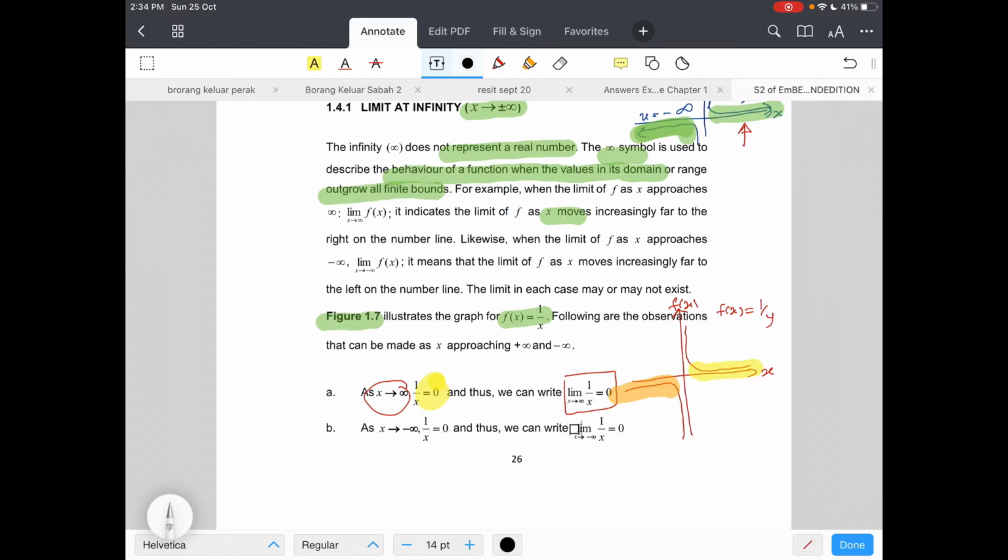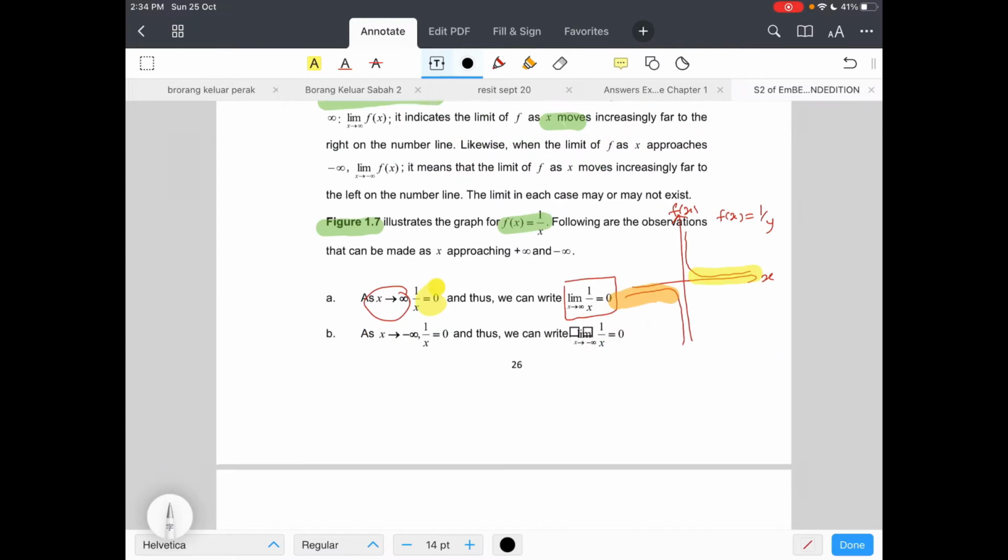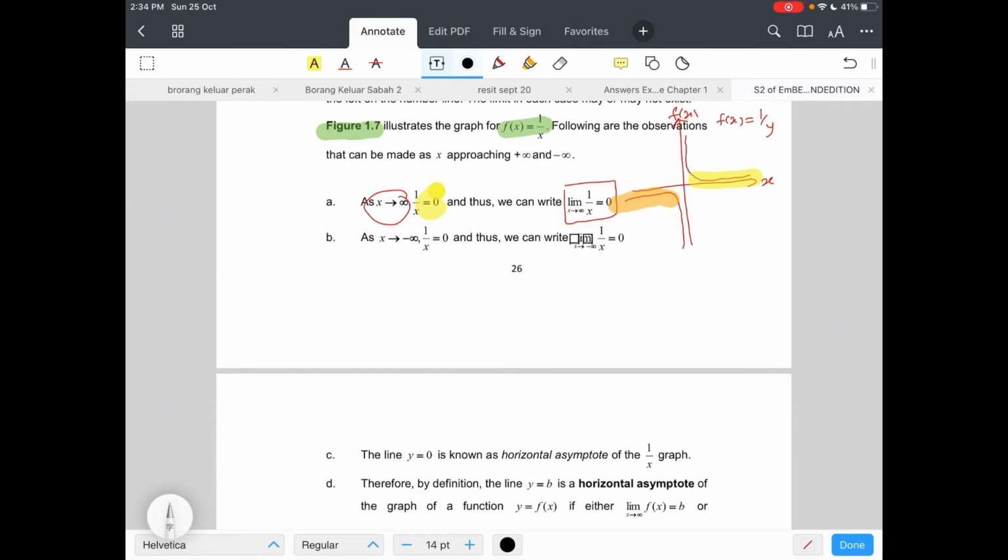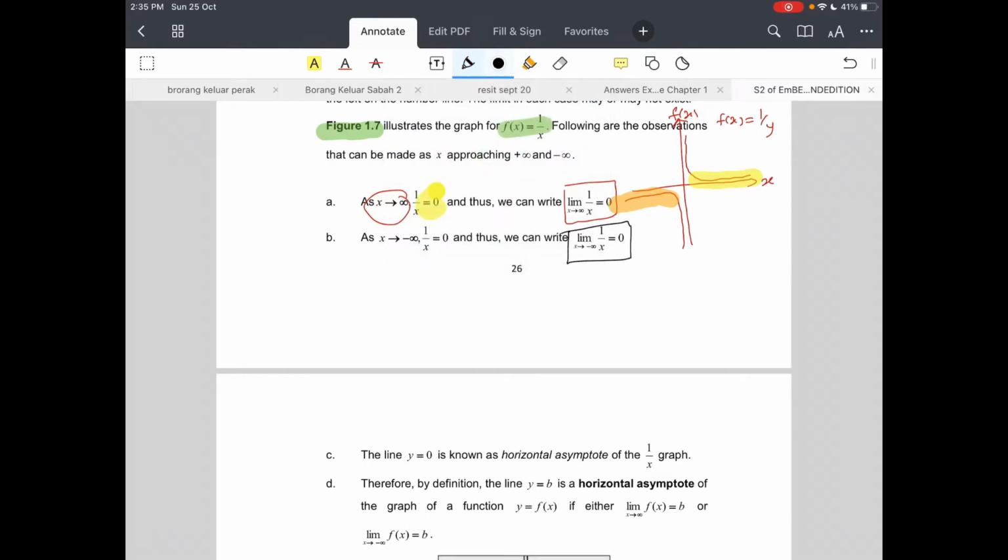I don't want this one, let me delete it. Sorry for the glitch.